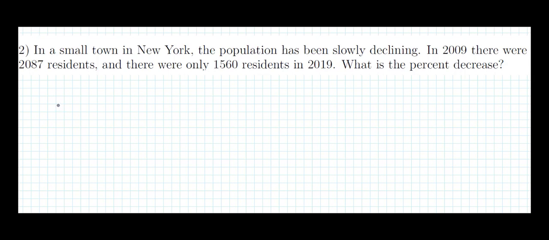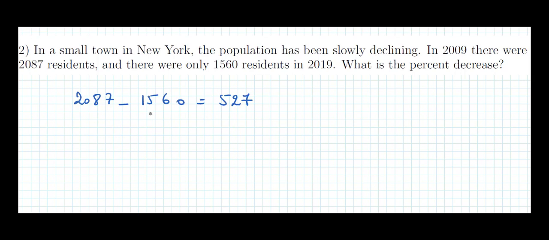To answer this question, we should first begin by computing the difference between the total population in 2009 and 2019. So the operation is 2,087 minus 1,560, which is equal to 527.